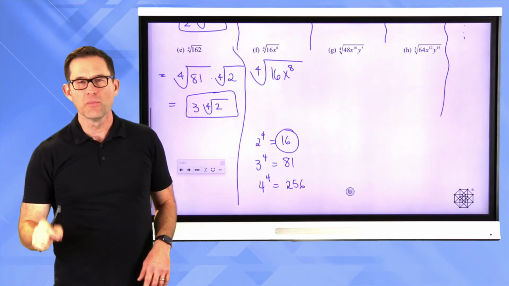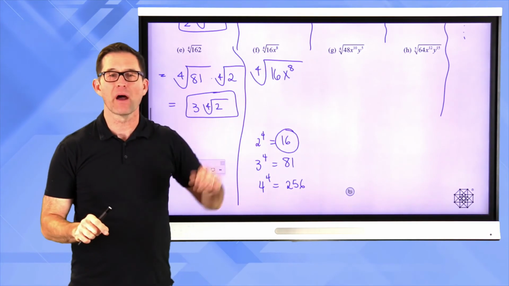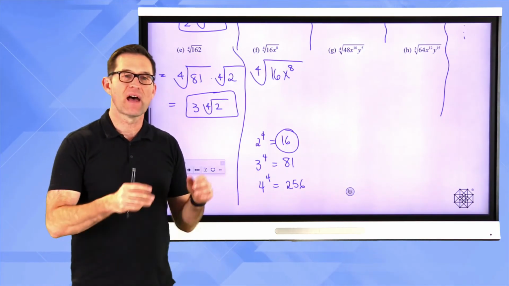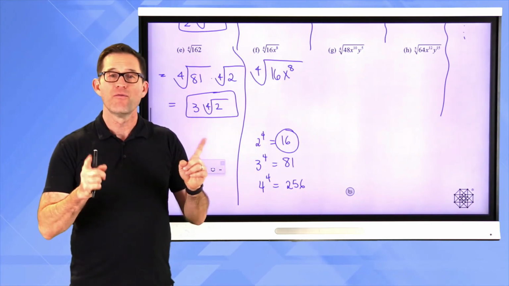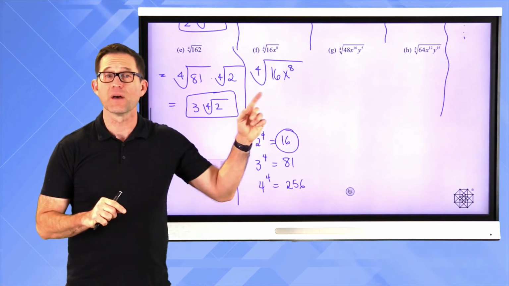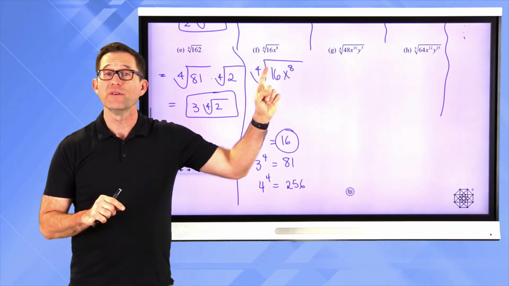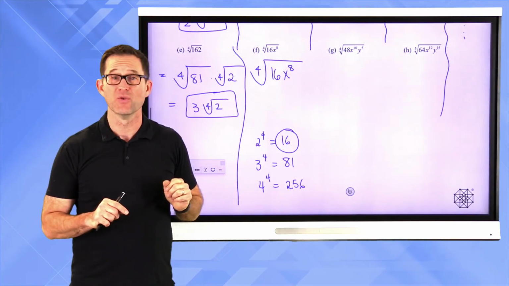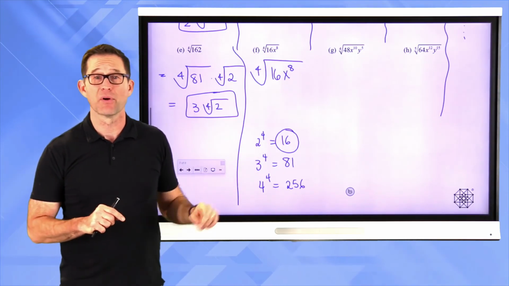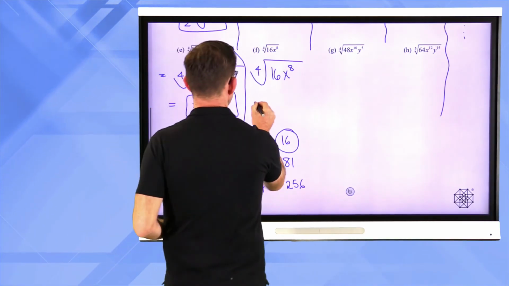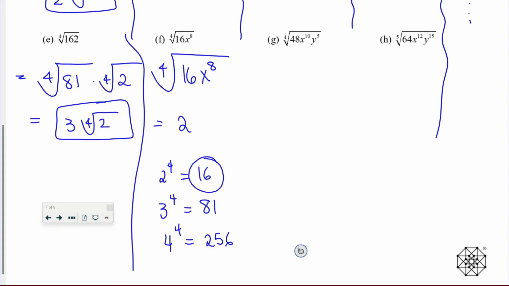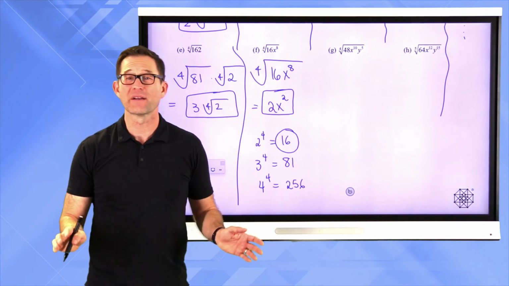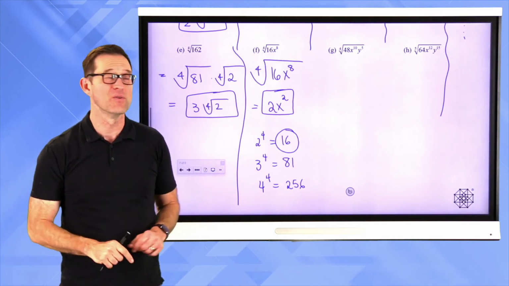Just like cubed roots have to have a power divisible by 3, and square roots have to have a power divisible by 2, fourth roots, if we want to take a fourth root of some variable raised to a power, we just need that power divisible by 2. So we don't break this up at all. The fourth root of 16 is equal to 2, and the fourth root of x to the 8th is equal to x squared. So that simplifies all the way down to 2x squared. All right, not much that we have to do there at all.